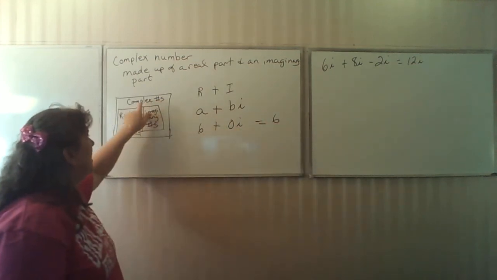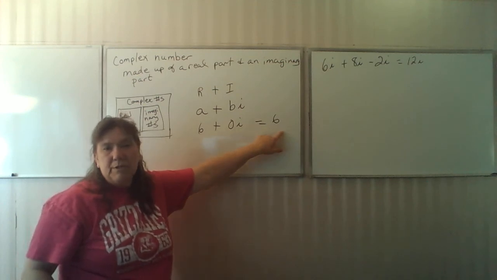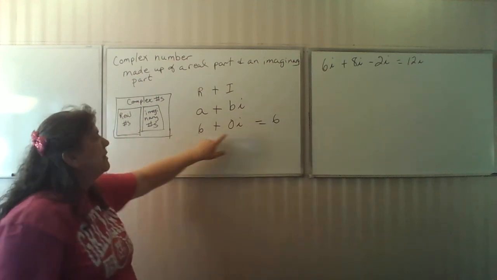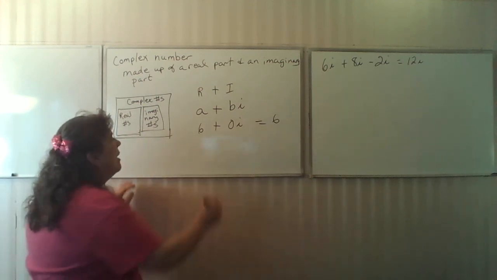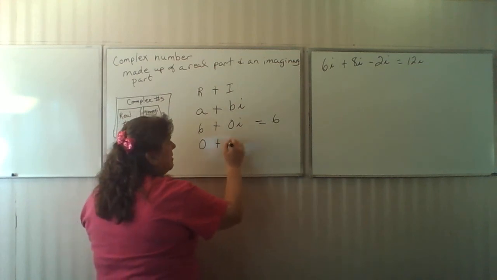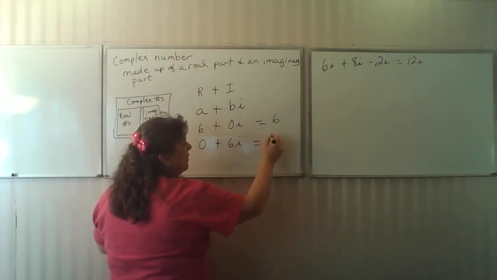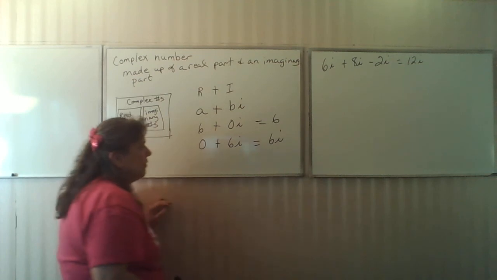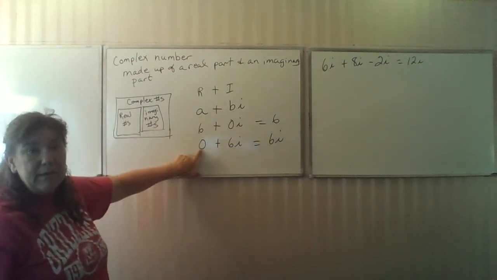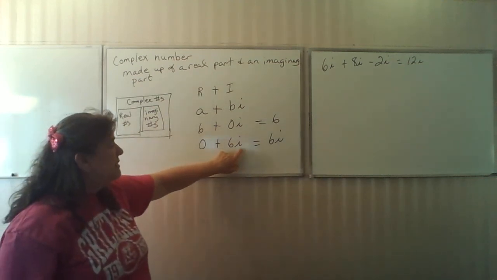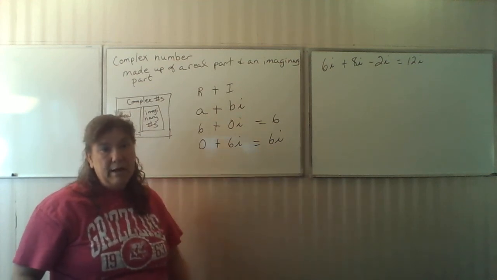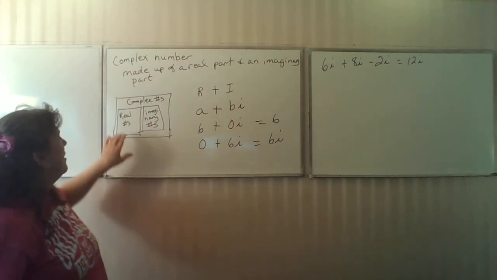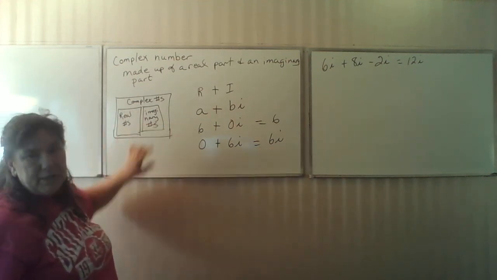So in my complex numbers, I can have my real numbers, because I can express all my real numbers as a complex number. I can also express all my imaginary numbers as a complex number, because 0 is my real number part, so 0 plus 6i is just simply 6i. So that's why you have your real number part and your imaginary part.